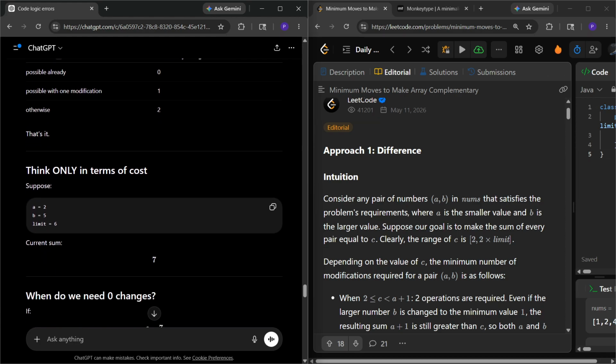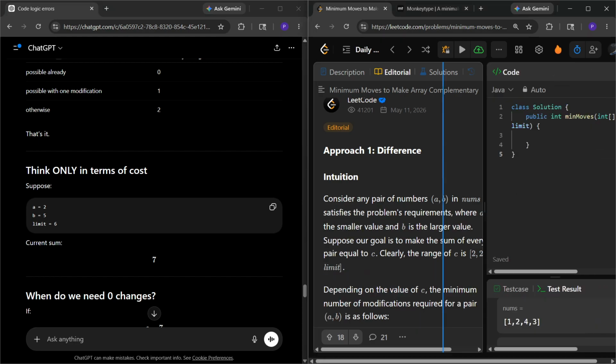Think only in terms of cost. For making 5 plus 2 equal to 7, the cost is 0. For making 4 plus 5 equal to 7 is a cost of 1. But I have to keep in mind the range as well. If the limit is, oh, because now that makes sense.